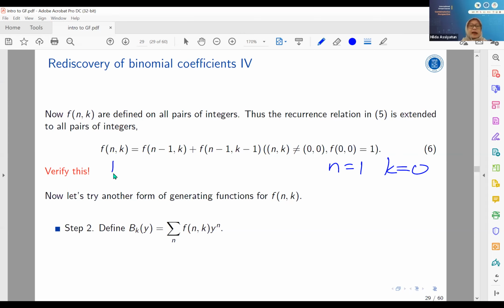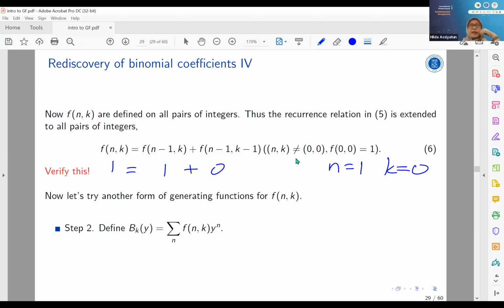How about the first term on the right hand side? This would be f(0,0), that would be 1 as well. And the second term would be f(0,-1), which is 0. So the equation is right. You can check. So this recurrence relation is valid for all integers except (0,0).